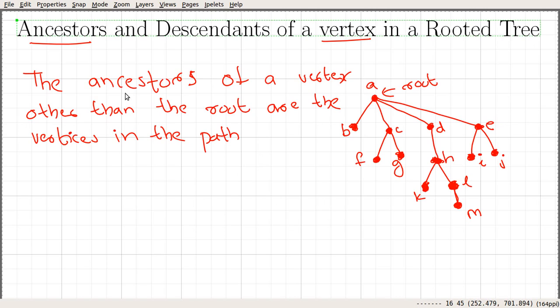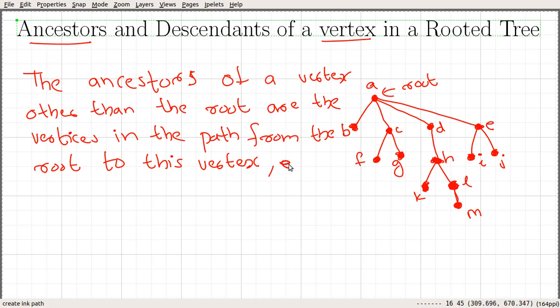Let me write down what I said. The ancestors of a vertex other than the root are the vertices in the path from the root to this vertex, excluding the vertex and including the root.